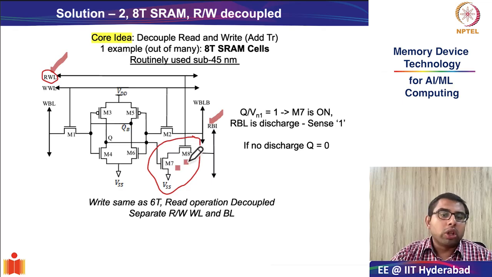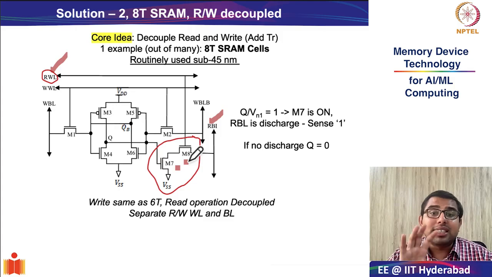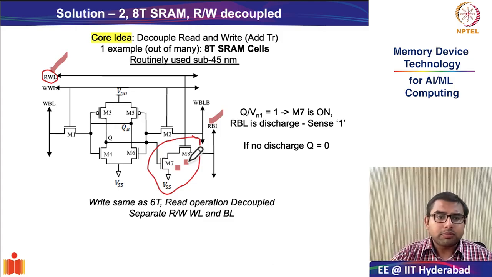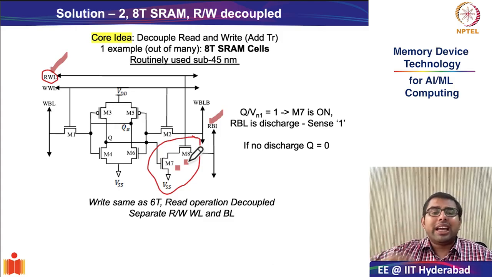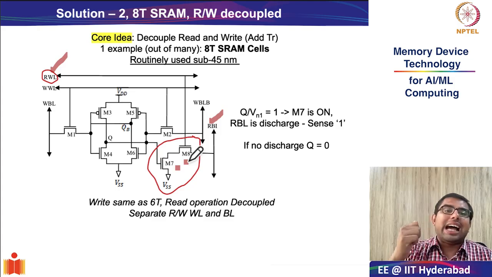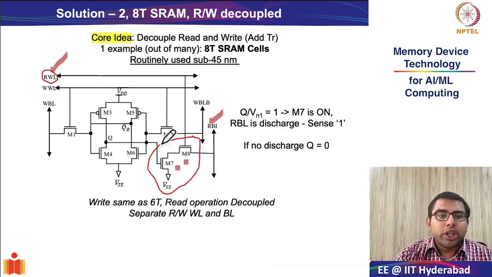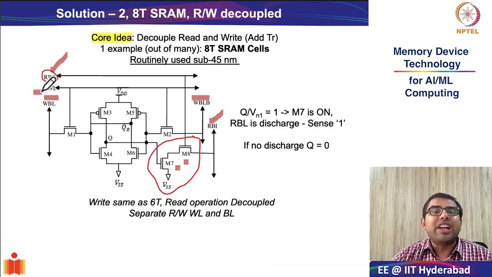Okay, so the operation of the 8T SRAM cell is fairly simple. If you look at it, the write operation is exactly identical to the 6T SRAM cell. So you have your write bit line and your write bit line bar and you have your write word line.